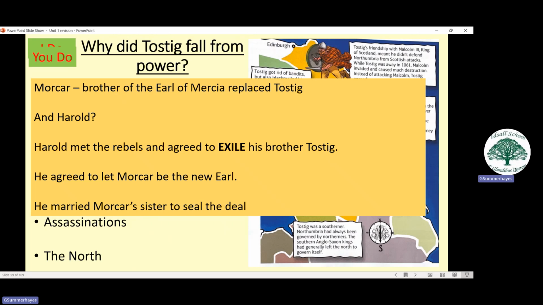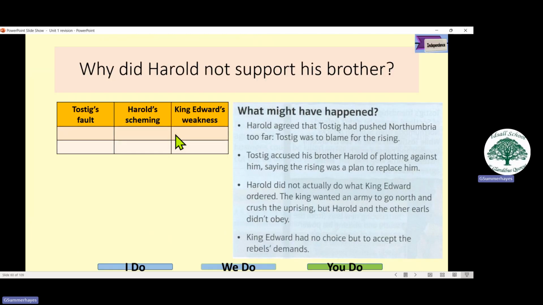Then let Morcar be the new earl, and this is before he'd even married Morcar's sister. He married Morcar's sister to seal this deal between them, but this is before. So maybe Harold thought that Tostig was not a good ruler of Northumbria. He thought that he was going to be the next king, and he didn't really want problems for when he was king, so he dealt with it before he was king.